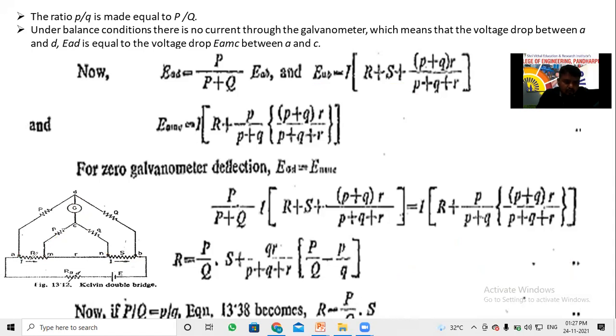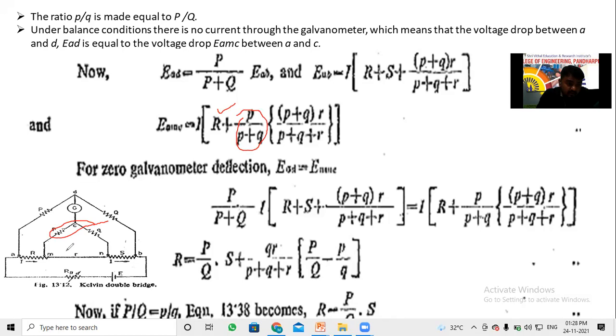From A to M, R is there, so I will write R here. Then from M to C, same as A to D we calculated, the ratio arm small p divided by P plus Q we are going to apply here.